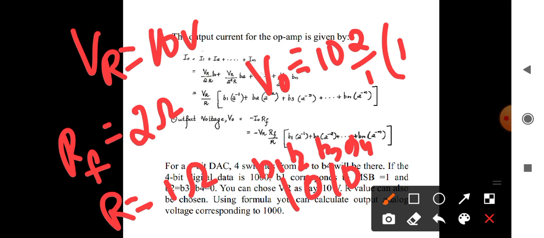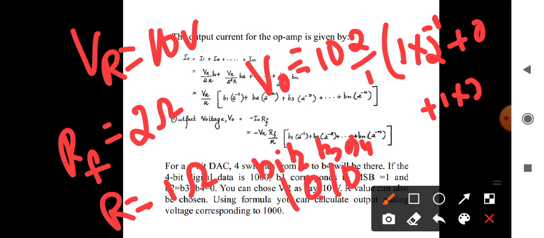So B1 means 1 into 2 raised to minus 1 plus 0, B2 is 0 here, plus B3 means 1 into 2 raised to minus 3 plus 0 into 2 raised to minus 4.